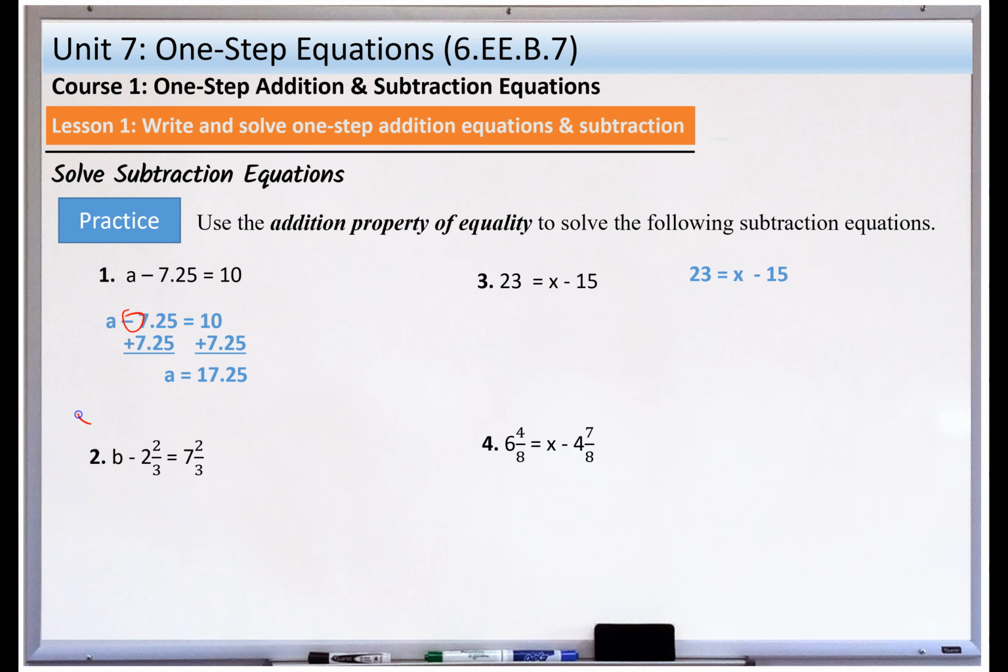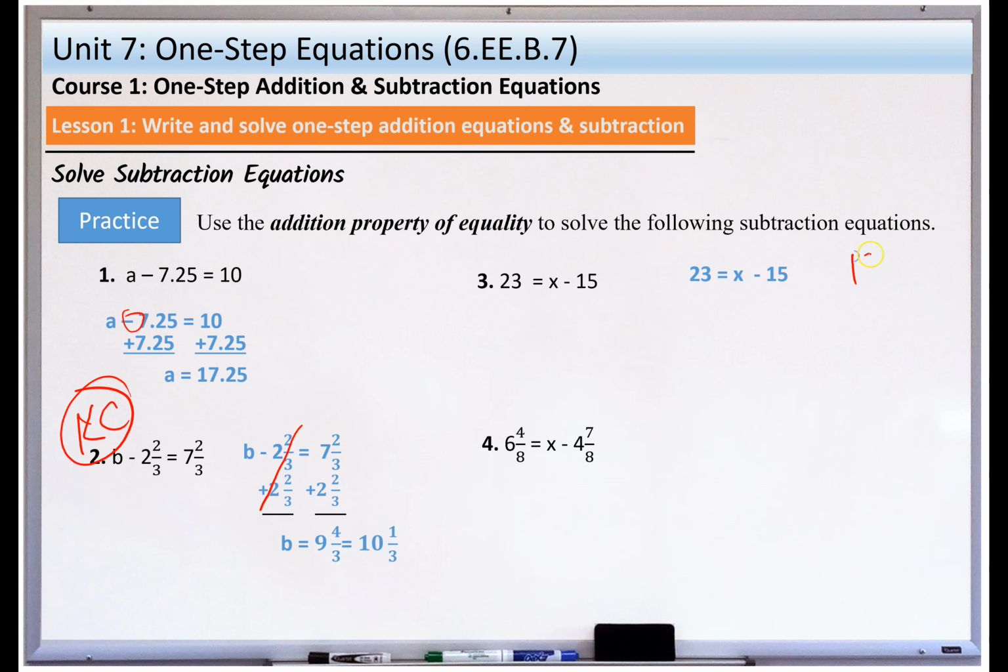The next one, go ahead and do that one for me. All right, so we're going to add 2 and 2/3 to both sides. That will cancel this out. That leaves us 9 and 4/3, which is the same as 10 and 1/3.